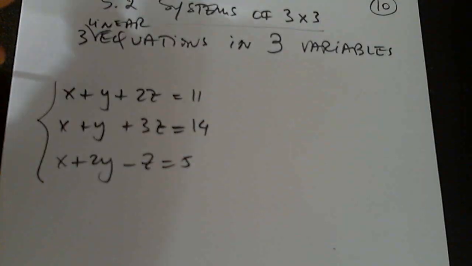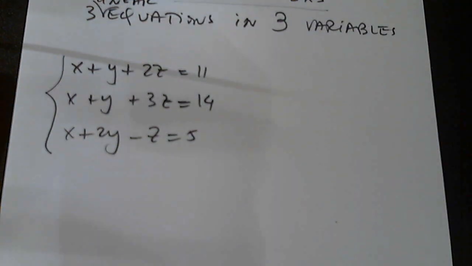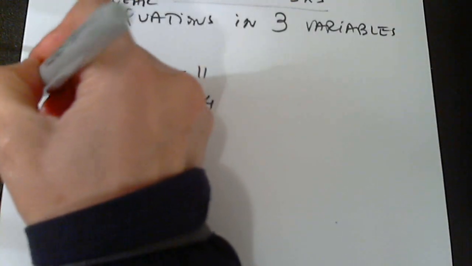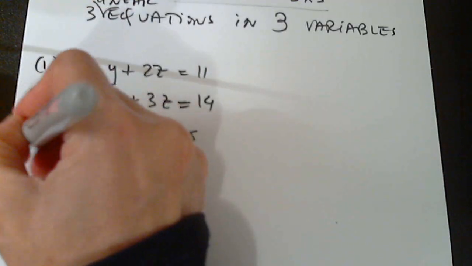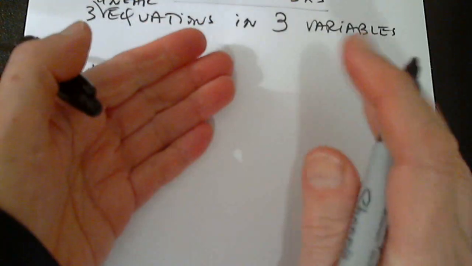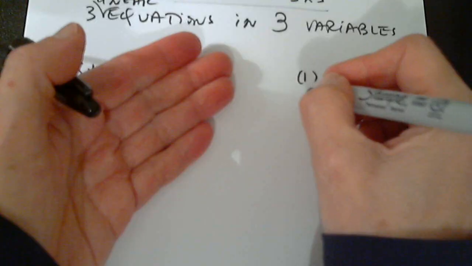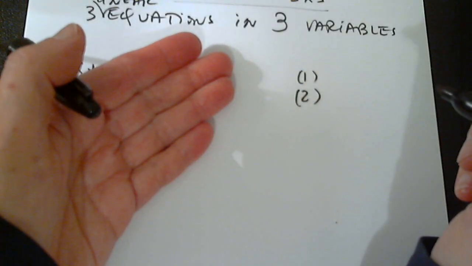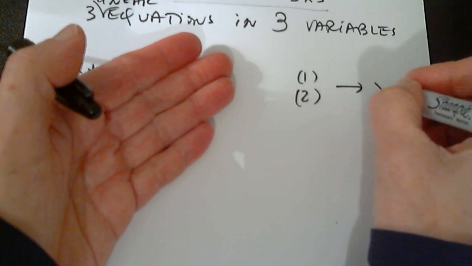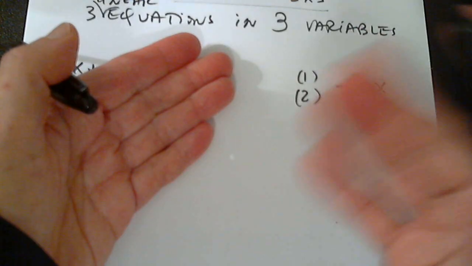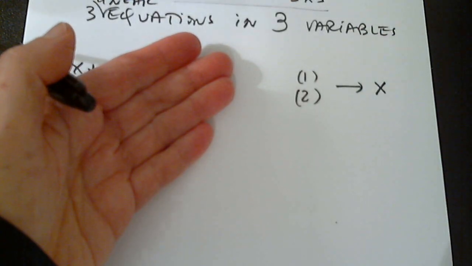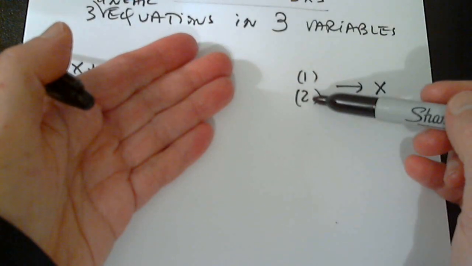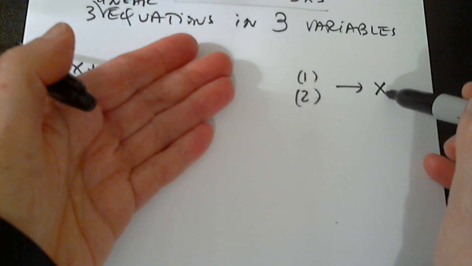Okay, so we have to choose. So this is equation 1, this is equation 2, and this is equation 3. I have to choose either equation 1 and equation 2 and get rid of x as an example. We may choose y, we may choose z, doesn't matter. So let's say I'm choosing equations 1 and 2 and get rid of x.